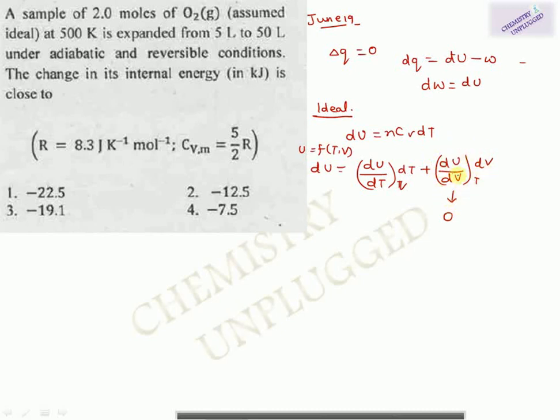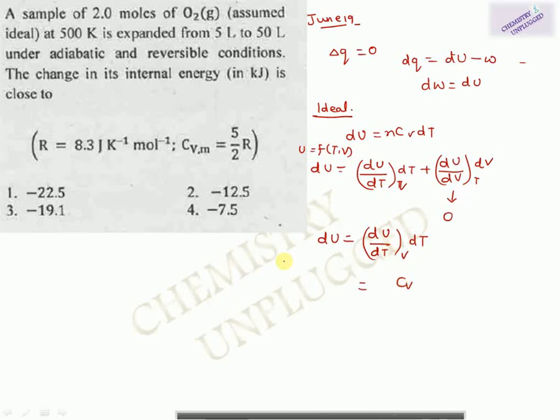So I will simply explain here that dU over dV is 0 at constant temperature, for ideal gas only. So dU will become equal to (dU over dT) at constant V dT, and this value, dU over dT, is equal to Cv, heat capacity at constant volume.